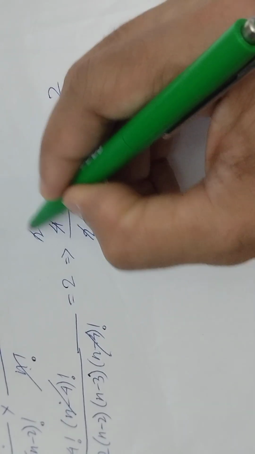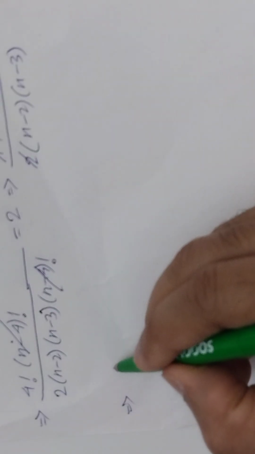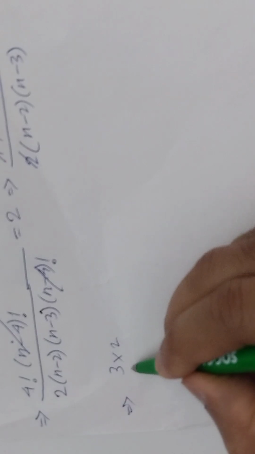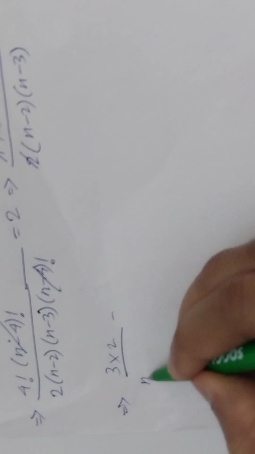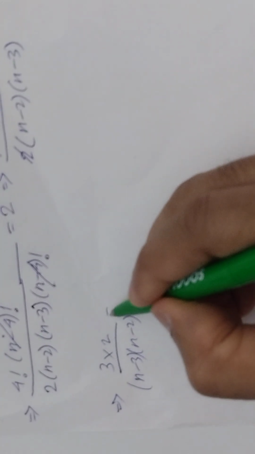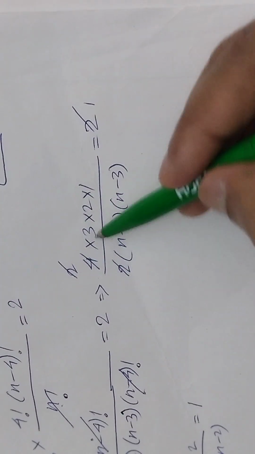So we further simplify it as 3 into 2 divided by n minus 3 into n minus 2 is equal to 1. Why 1? Because we cancelled everything out.